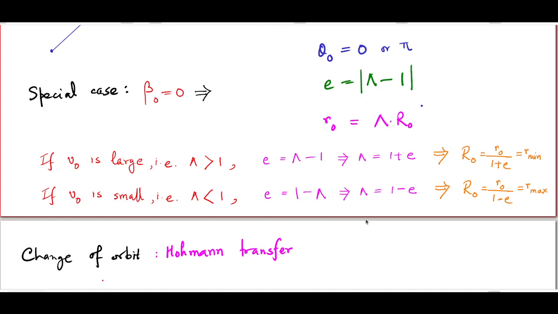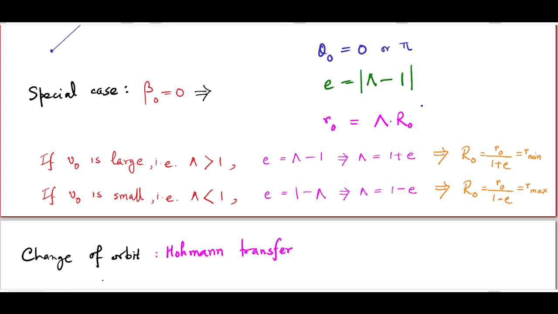Keeping this in mind, it would be nice to be able to design a transfer protocol where the magnitude of the change in velocity is kept as small as possible. And this is where the Hohmann transfer protocol really shines.